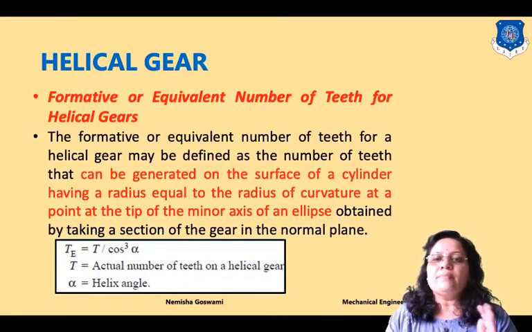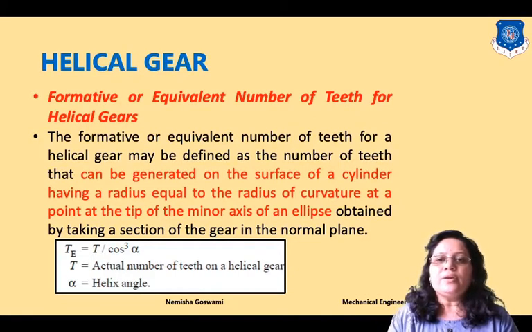Next is the formative or equivalent number of teeth for helical gears. This is an important point. How do we define the formative or equivalent number of teeth? It is the number of teeth that can be generated on the surface of a cylinder having a radius equal to the radius of curvature at a point at the tip of the minor axis of the ellipse.